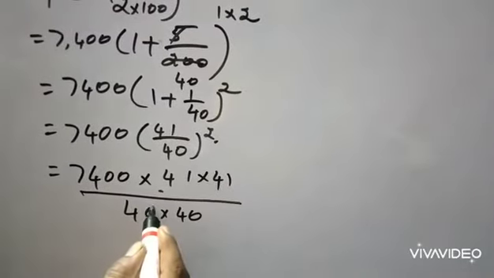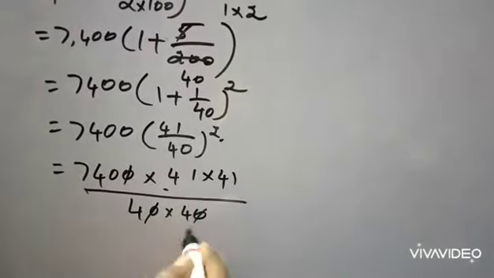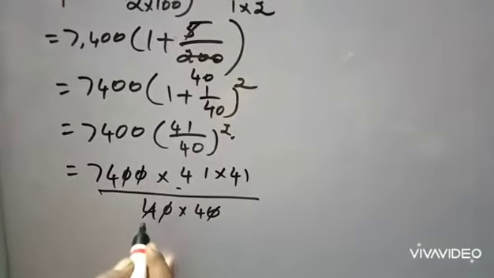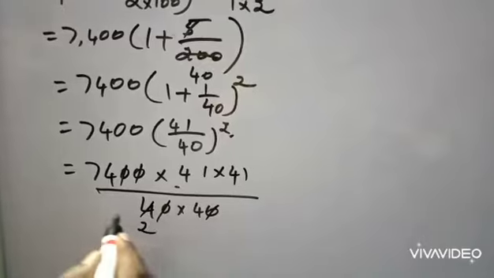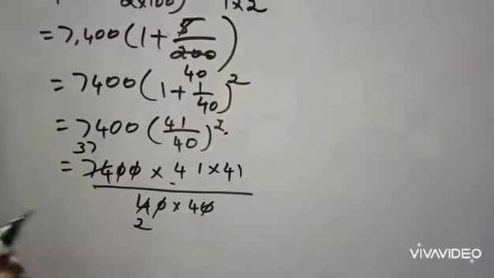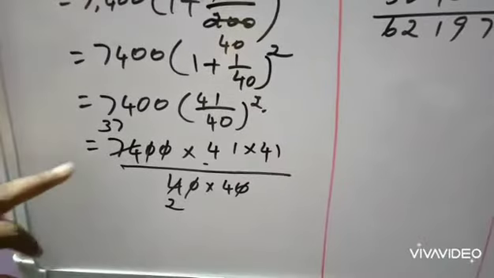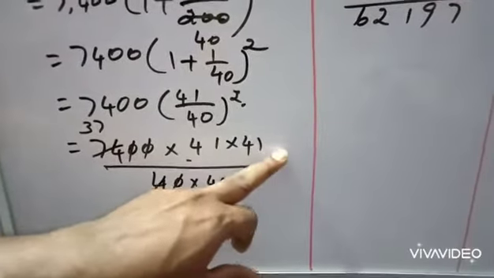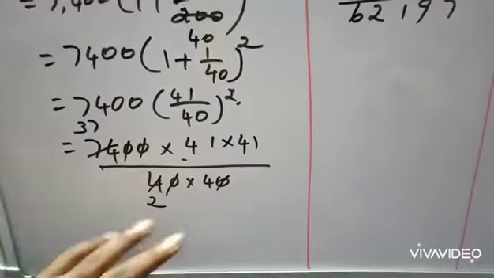So we can cancel the zeros. Then in this 74, we can divide 4 by 2 and 74 is 37. So now we have 37 into 41 into 41 divided by 2 into 4, 8.